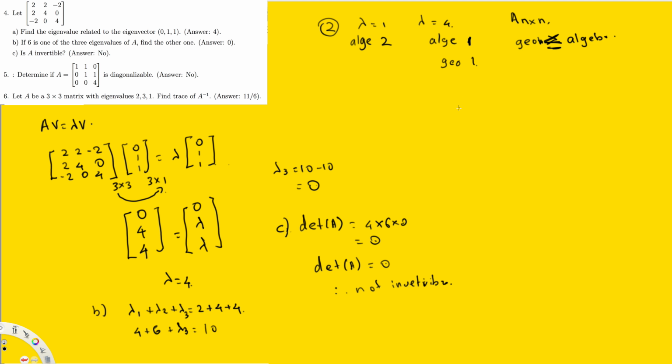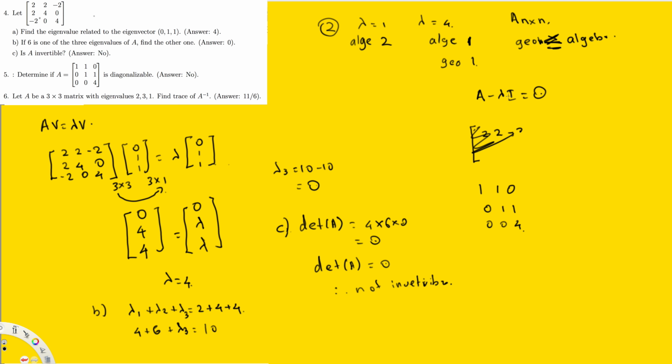To check this, I have to find the null space. The null space is A minus lambda I set equal to 0. So I take the matrix A, which is 1, 1, 0, then 0, 1, 1, and 0, 0, 4.